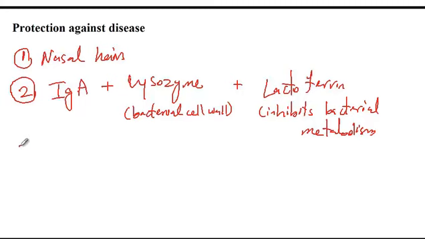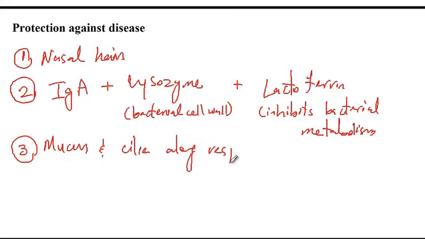We already discussed that there are mucus and cilia along the respiratory tree in order to trap any particles that have been passing the filters of our nasal hairs. We discussed how those particles that reach the alveoli will get engulfed by macrophages.